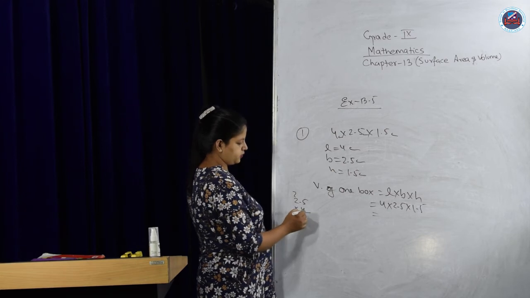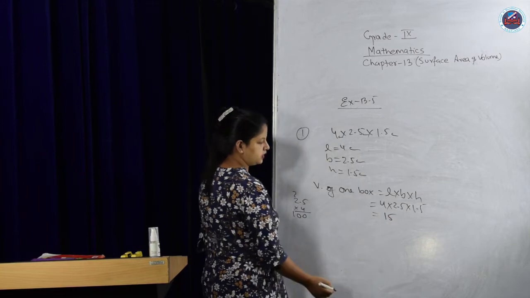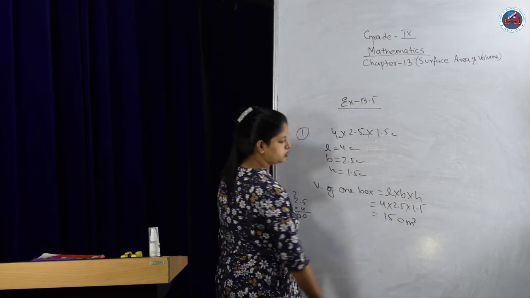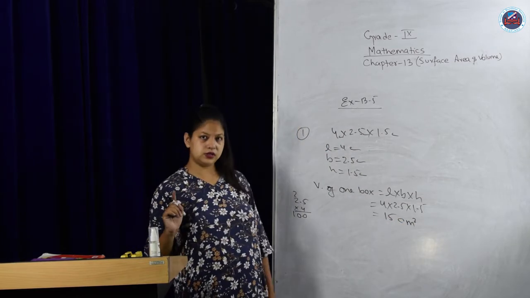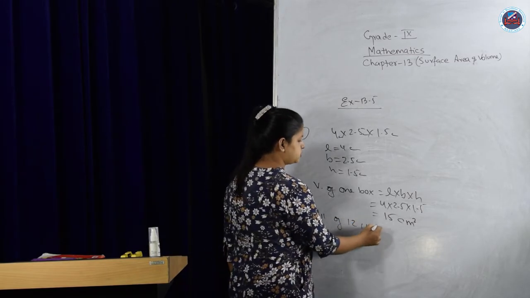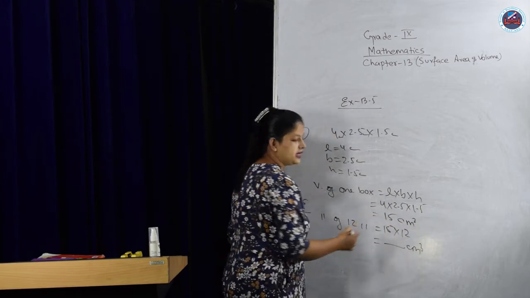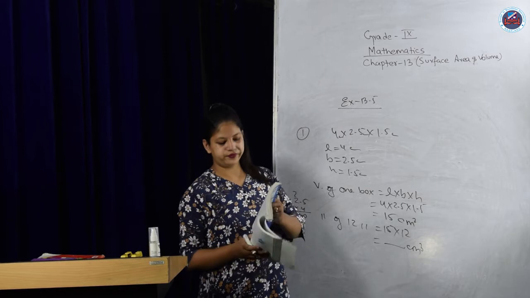That means after 0.1 digit 10. 10 into 1.5, 15. Okay? And centimeter cube you will do. That is for one box. Such there are 12. So volume of 12 boxes would be 15 into 12. Multiply them, whatever comes, that much centimeter cube.